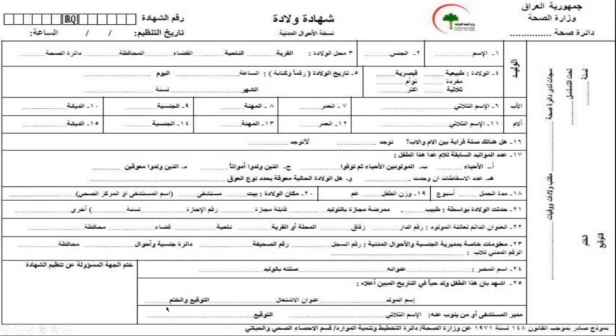It's a bit of a stretch really, so this is translated: This template is issued according to Act number 148 for the year 1971 by the Ministry of Health, Directorate of Planning and Resource Development, Department of Life and Health Statistics. Okay.